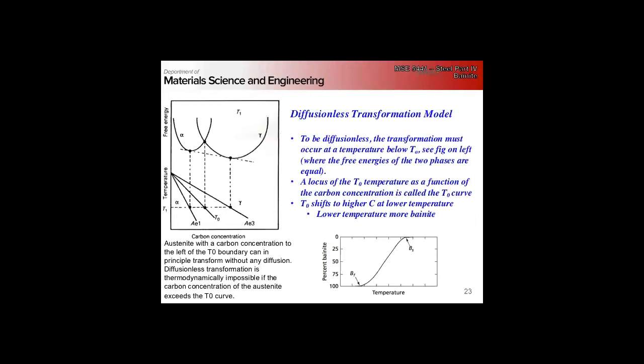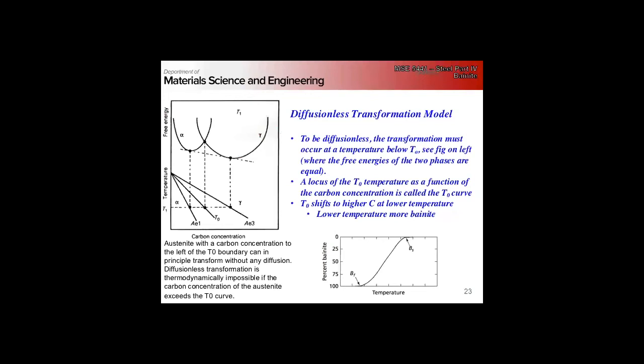That's what we call our T0 line, right? If we're less than this T0 line, our austenite will have a reduction in free energy by transforming. If we're to the right of the T0 line, our austenite has an increase of free energy by growing Bainite, which isn't going to happen. So we always have to be at compositions less than this T0 line.